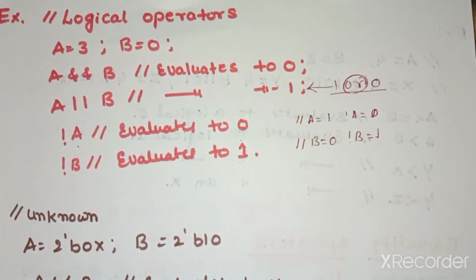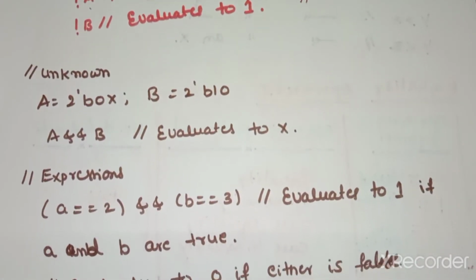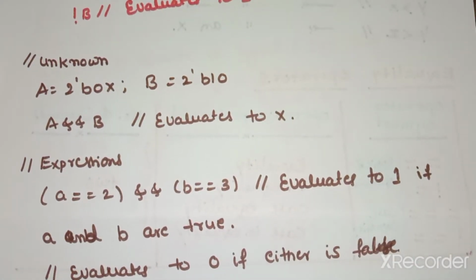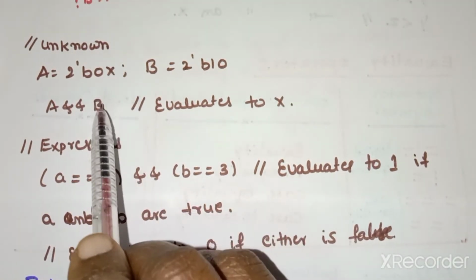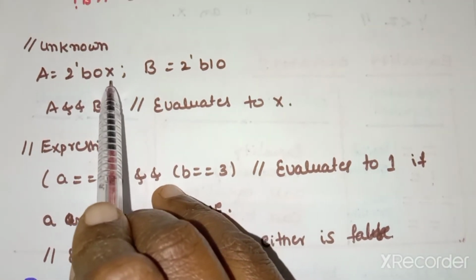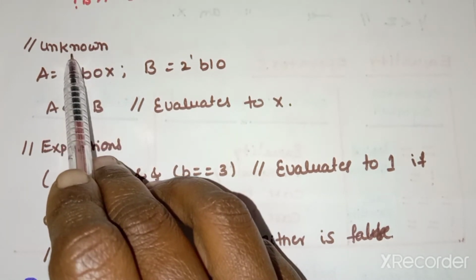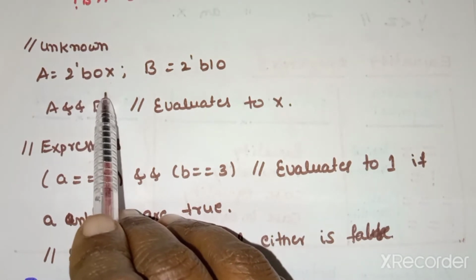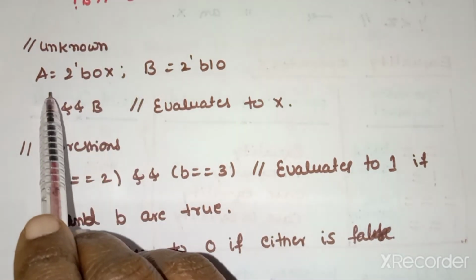Now let us see the logical operator example for the unknown value. Just now we studied that x is an unknown value. If I apply the logical operator to an unknown value, what answer will we get?